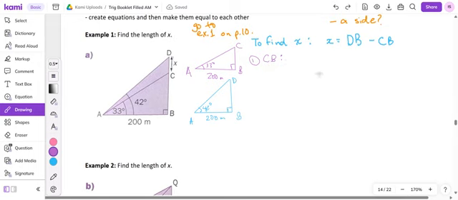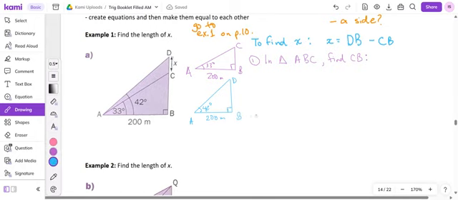Oh, I don't like that. This is how I've written it. In triangle ABC, comma, find CB. That makes more sense. So I'm saying, hey, I'm working in ABC, and my goal is to find CB. That's the side between angles C and B. Go ahead and find it, folks.